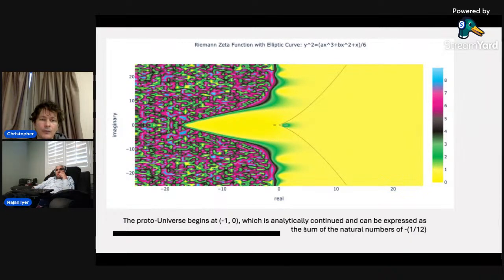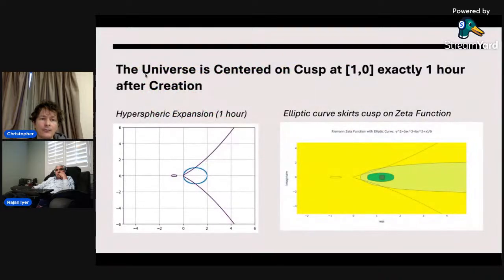So we'll move on. We can see that the universe is currently centered on the cusp at 1, 0, exactly 1. Oh yeah, I said currently. I should say exactly 1 after it was created. So here's the hyperspheric expansion after 1 hour, and here it is.